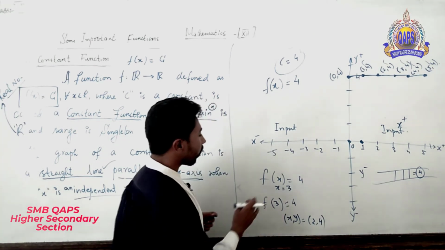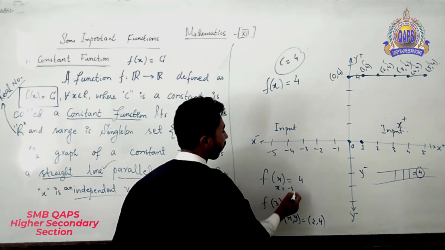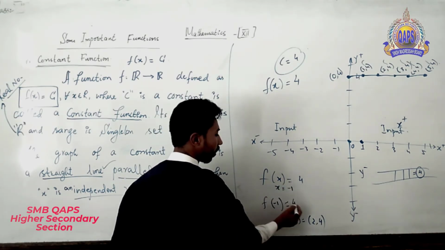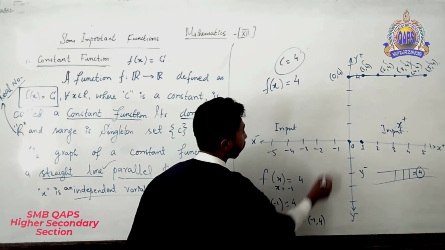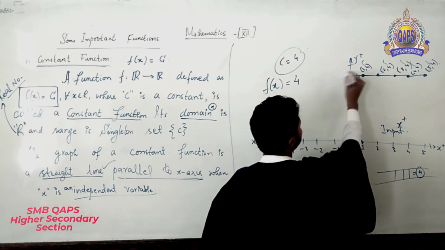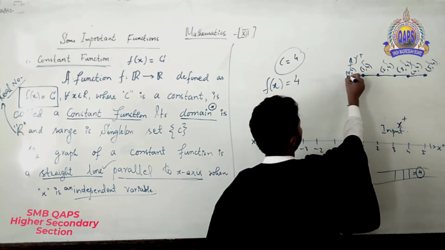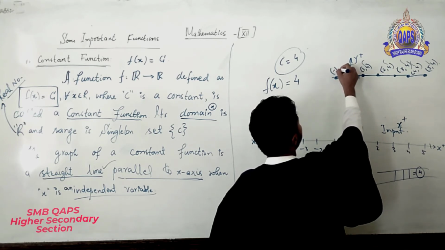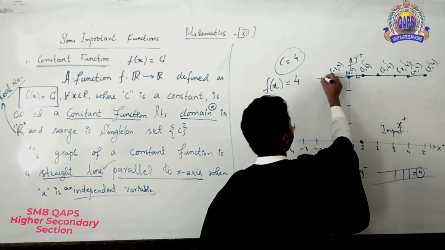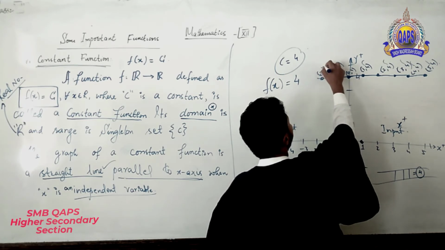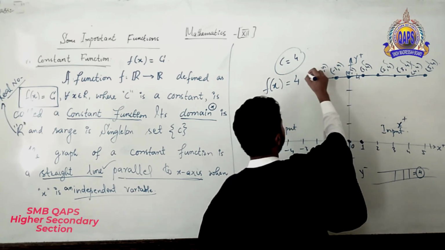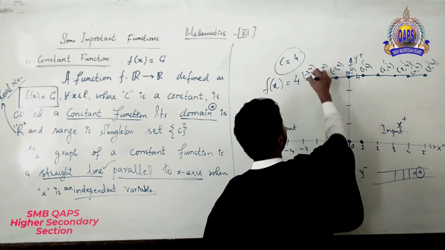So put the same here. If we put negative 1, then what will be the result? Same, 4. So this represents negative 1 comma 4. Same here negative 2 comma 4, negative 3 comma 4.